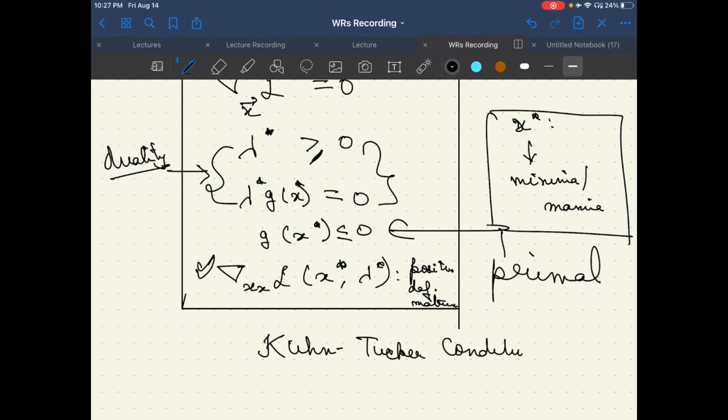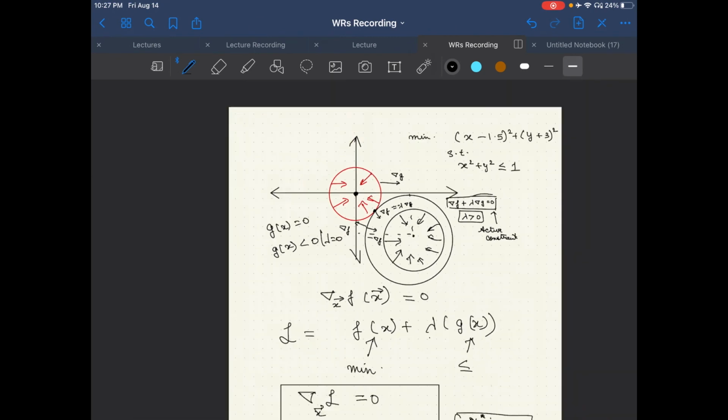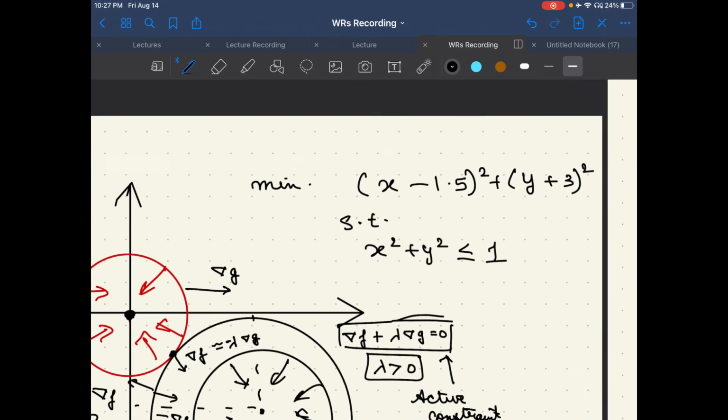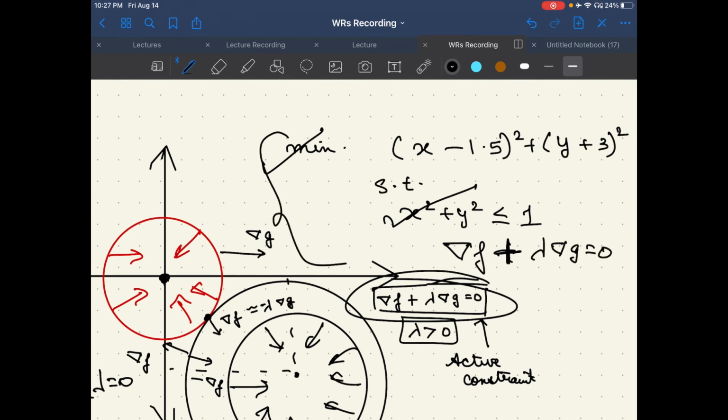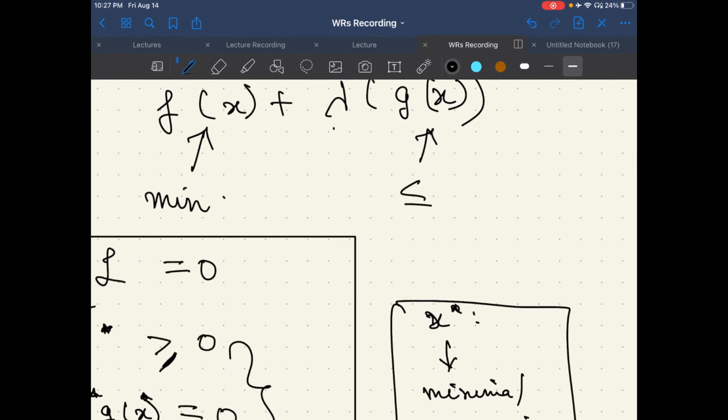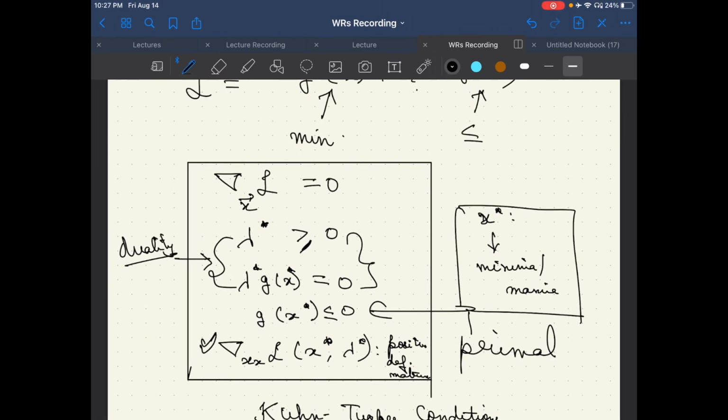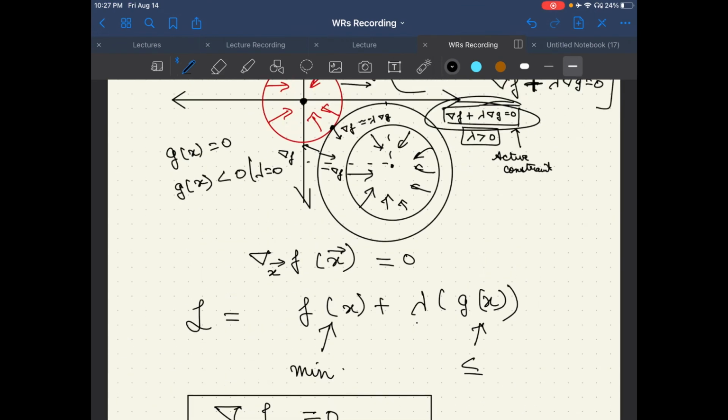And one thing to note here is that our problem is stated in the form of minimization subjected to less than or equal to constraint, and the Lagrangian is stated in the form of f(x) plus lambda g(x). So if our problem is stated in this standard form, then all these conditions must be satisfied for a particular point to qualify to be a minima.